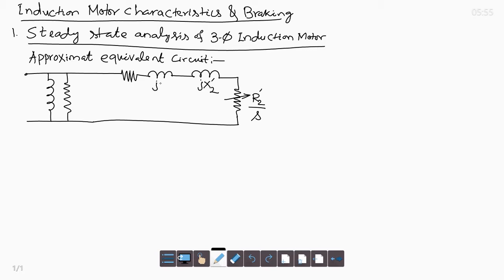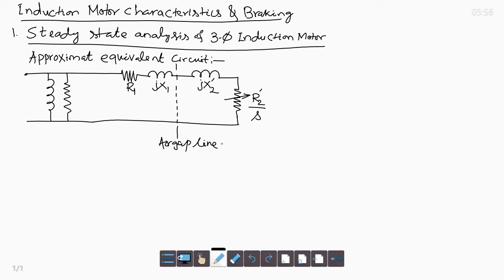Then the stator parameters are jX1 and R1, and I have drawn a dotted line like this. This represents the air gap line. To the left of the air gap line we have the stator and to the right of the air gap line is the rotor. So, when power crosses from stator to rotor, it crosses via the air gap.